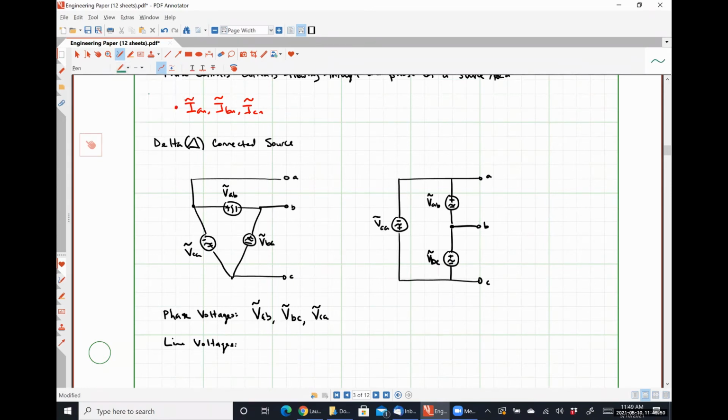Anybody have any ideas what my line voltages might be? The exact same thing. Okay, so here would be VAB, here would be VBC, and we could do VCA like this.